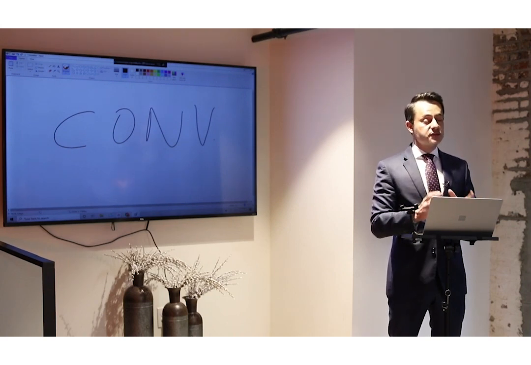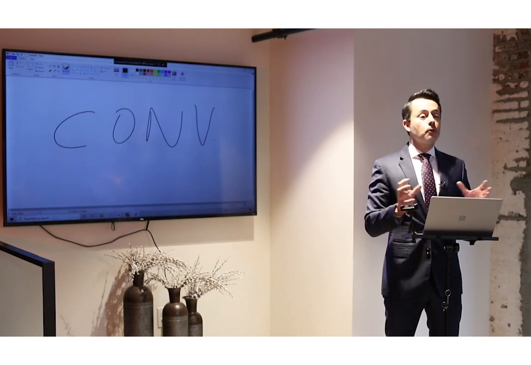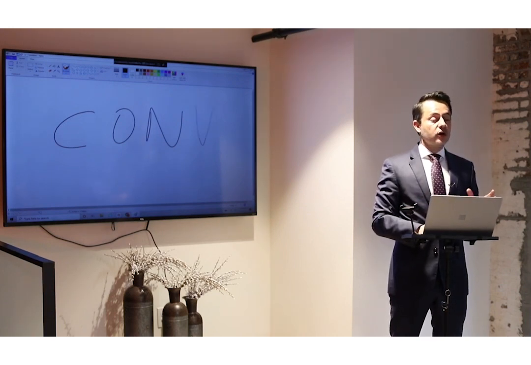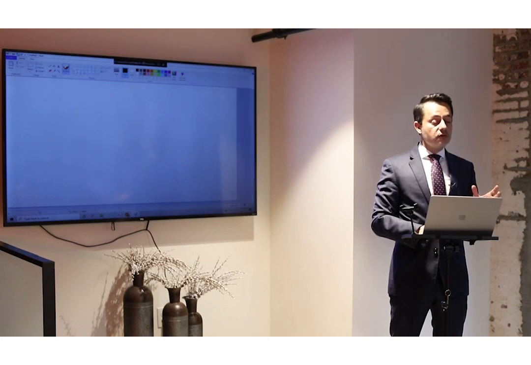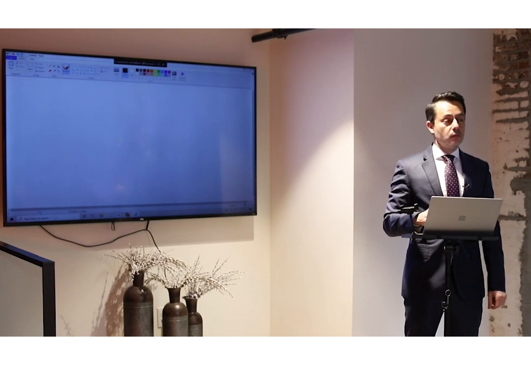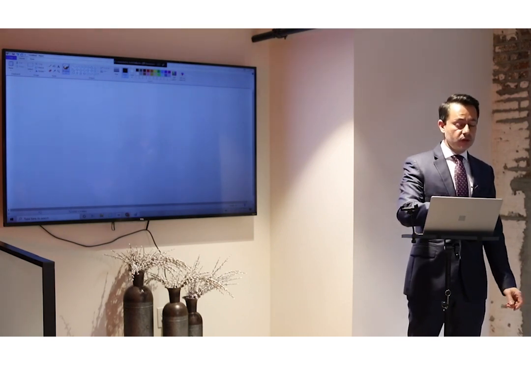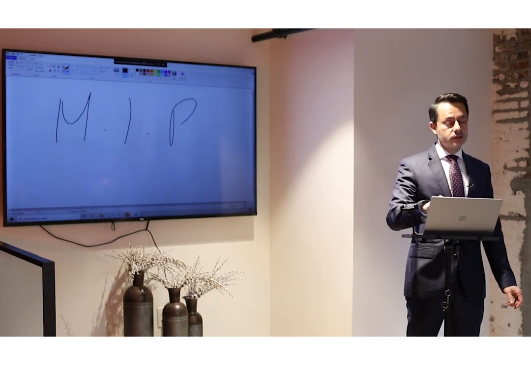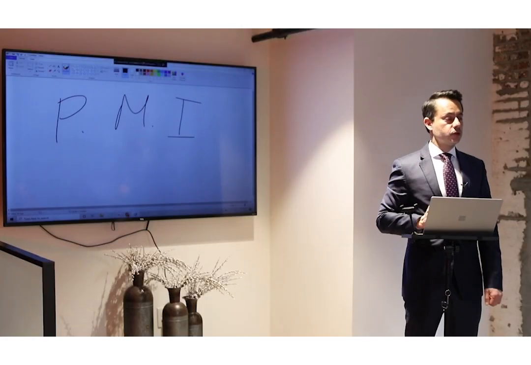Also, one of the biggest differences between a conventional loan and an FHA loan is that when you put 20% down on a conventional loan, you don't pay mortgage insurance. Okay? On an FHA loan, if you put 20% down, you will pay mortgage insurance. And how do you say mortgage insurance? MIP, mortgage insurance premium. You also call it PMI, private mortgage insurance.